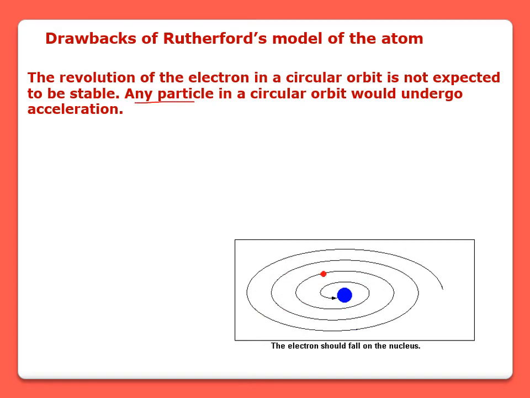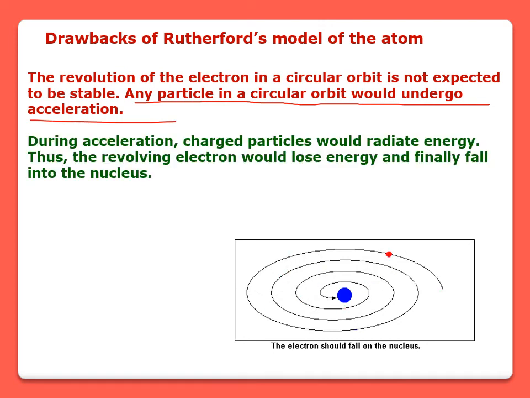Why? Because any particle in a circular orbit would undergo acceleration, right? And when it would undergo acceleration, then what will happen? A charged particle would radiate energy. Okay, so it will keep on radiating energy, and then the revolving electron would lose all the energy, and finally it will fall into the nucleus, right? So the electron will be destroyed.